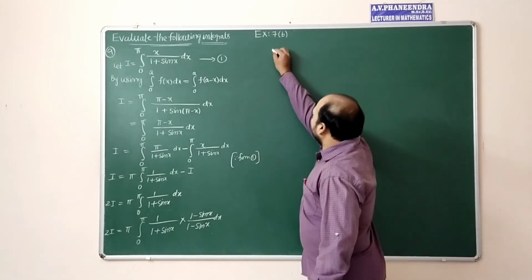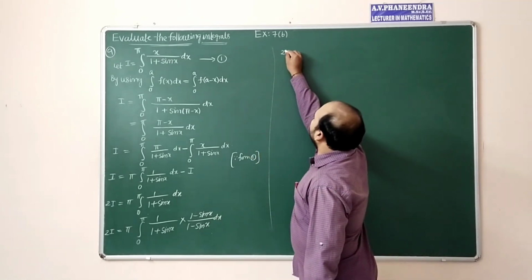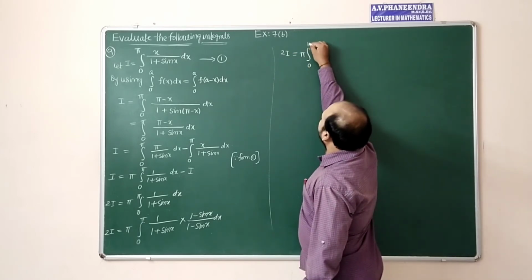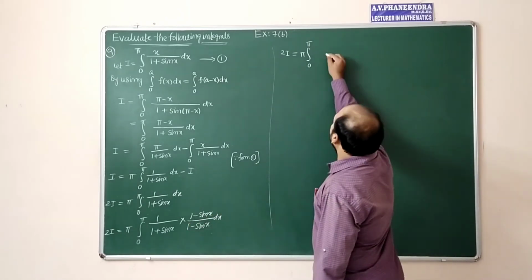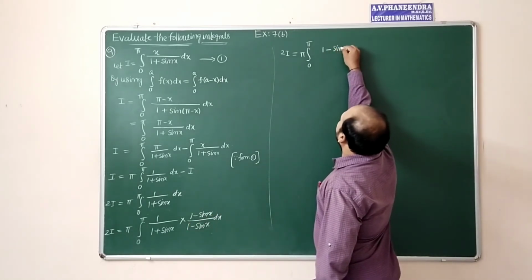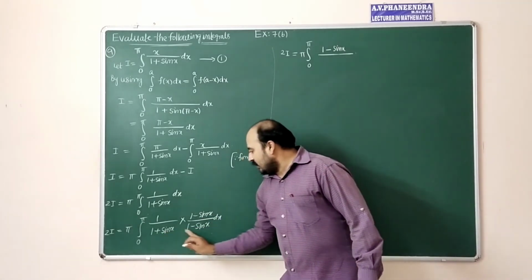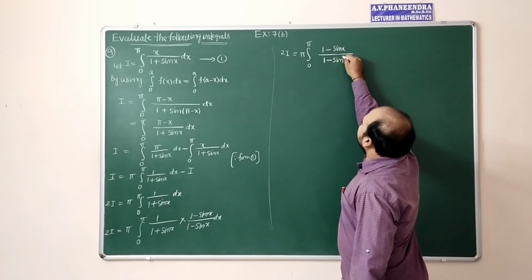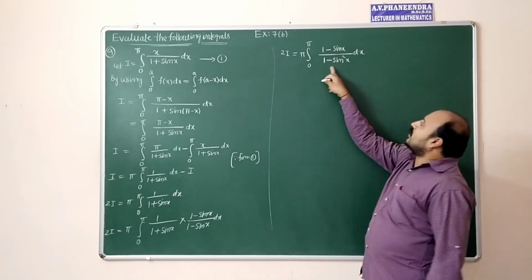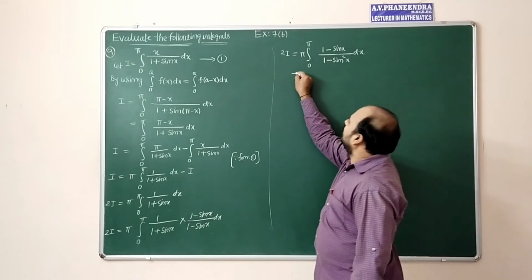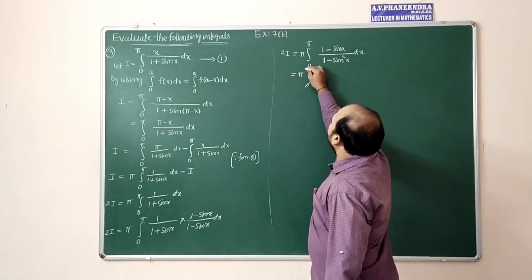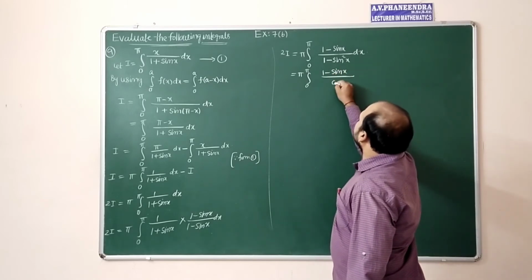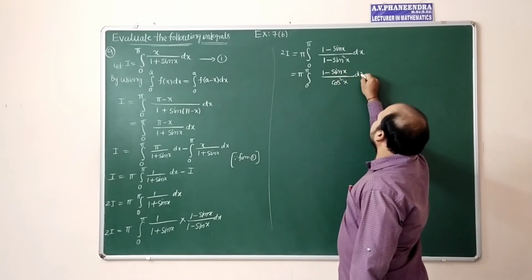So 2I equal to pi into integral 0 to pi 1 minus sin x divided by a plus b into a minus b, a square minus b square, a square means 1 square, minus sin square x into dx. We know that 1 minus sin square x is cos square x. So pi into integral 0 to pi 1 minus sin x divided by cos square x into dx.